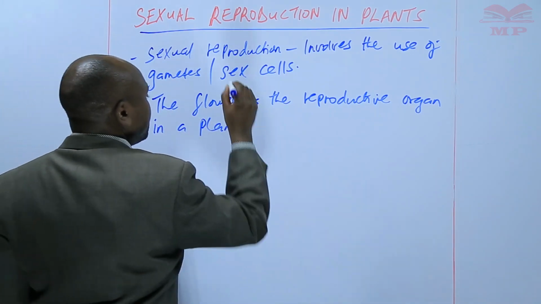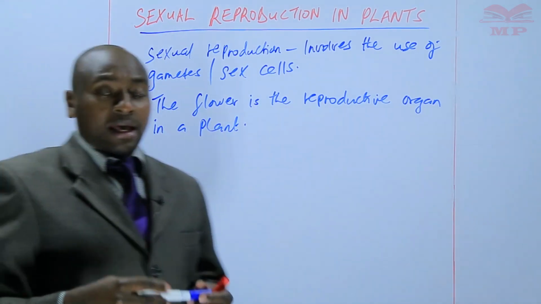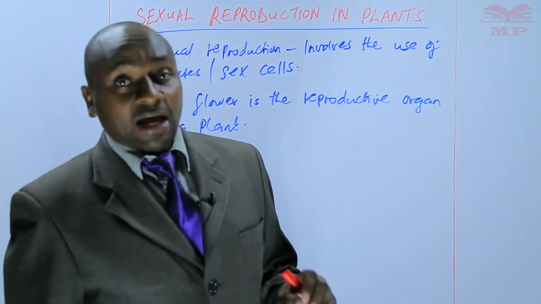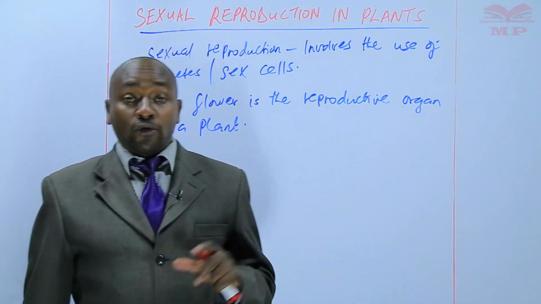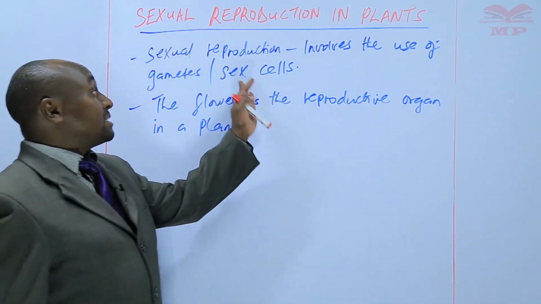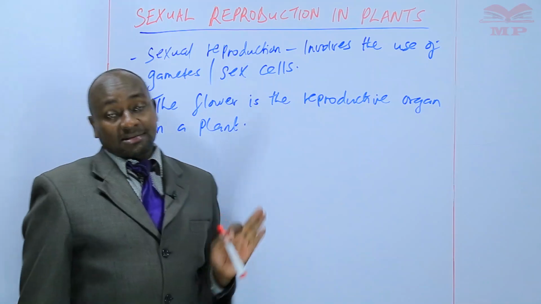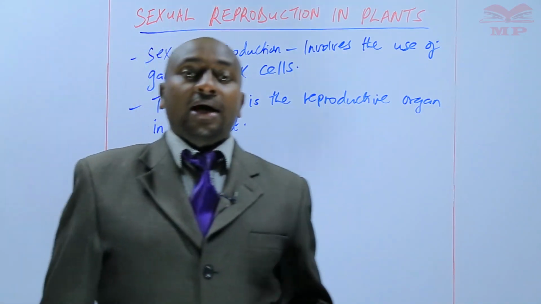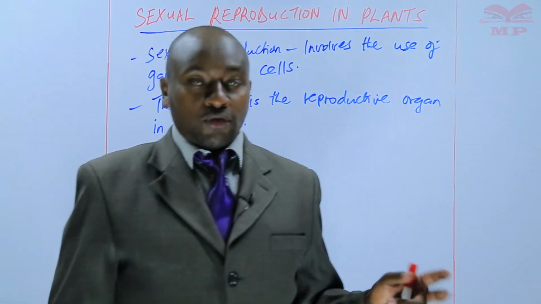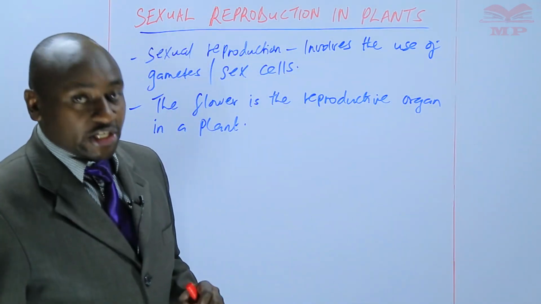We know that we have different parts of the plant for different purposes, but basically the flower is the one that is used for reproduction. That means that it's the one that bears the gametes or the sex cells that will be used in the continuation of that particular generation.